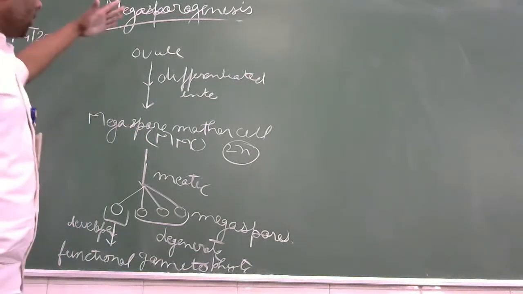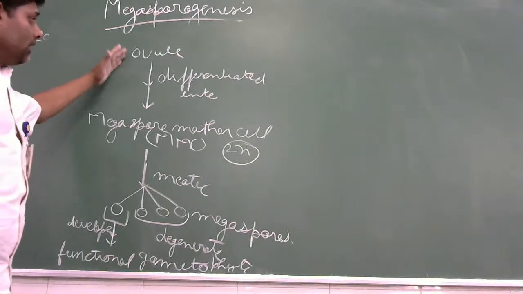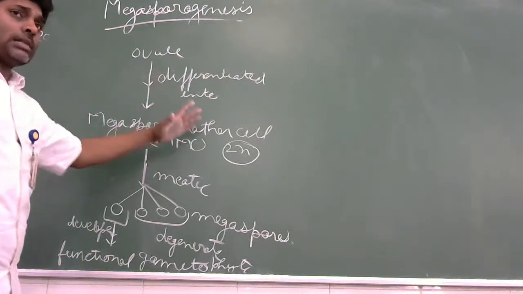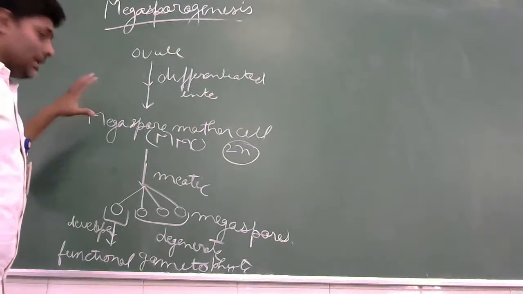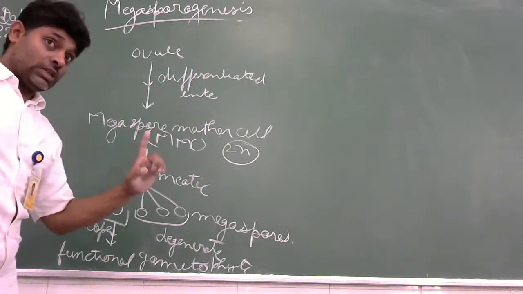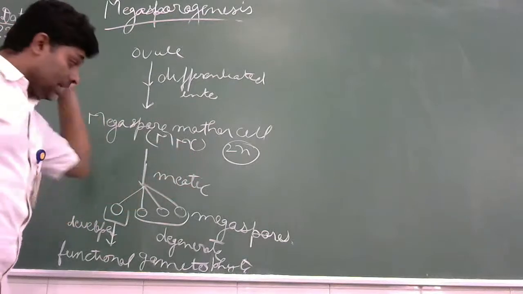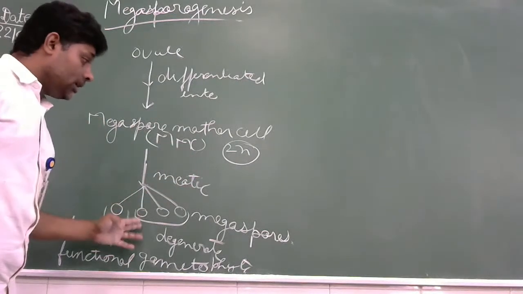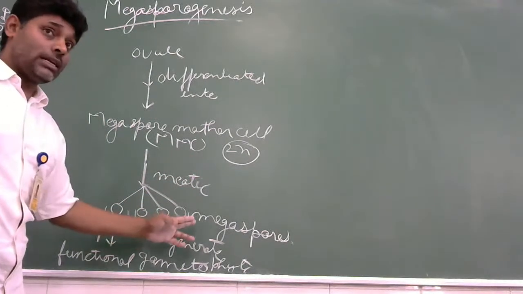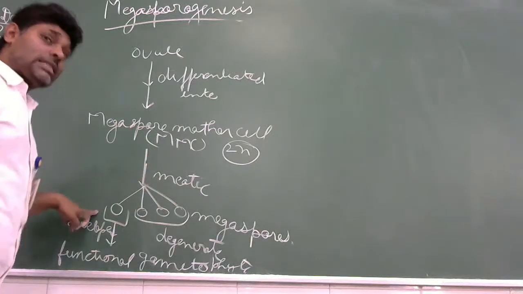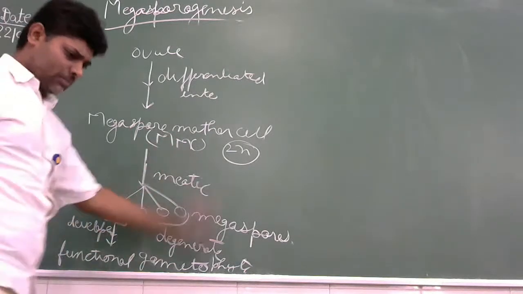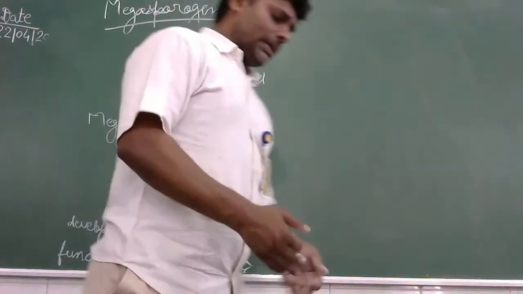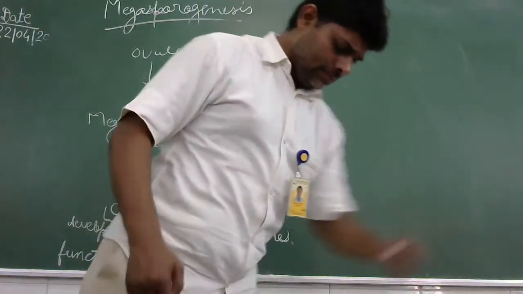Once again, the ovule will differentiate into the megaspore mother cell. Meiosis occurs in the megaspore mother cell, and each meiotic division makes four cells. Of these four cells, three will degenerate, and only one cell will develop into the functional gametophyte. That is the megaspore, the embryo sac.